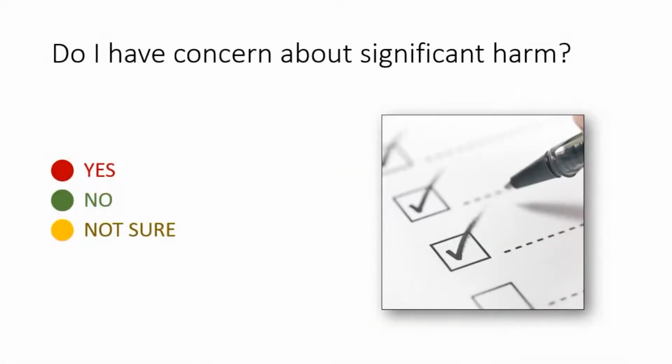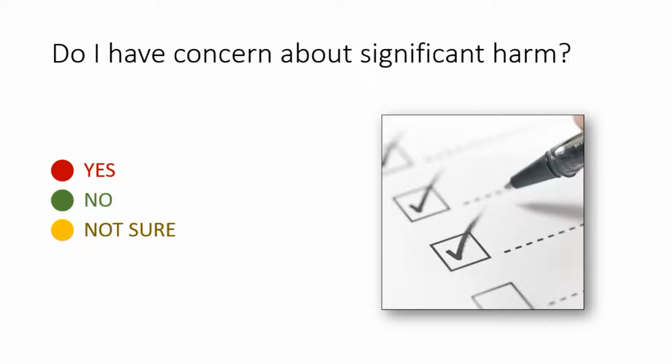There are 3 possible answers to the magic Risk 1 question, do I have concern about significant harm? Yes, no, and not sure. Yes means you have sufficient evidence and have identified possible significant harm. This is the threshold to instigate child protection procedures.